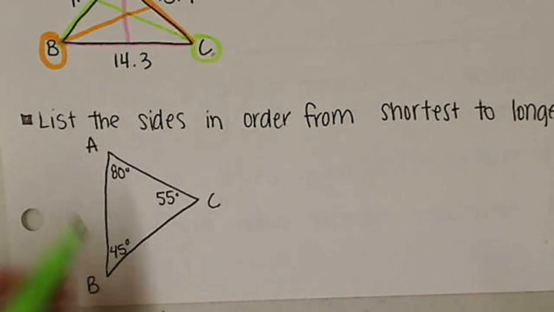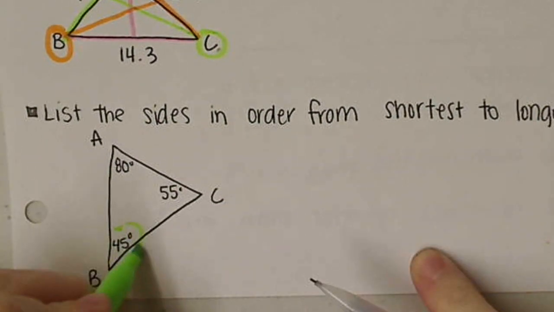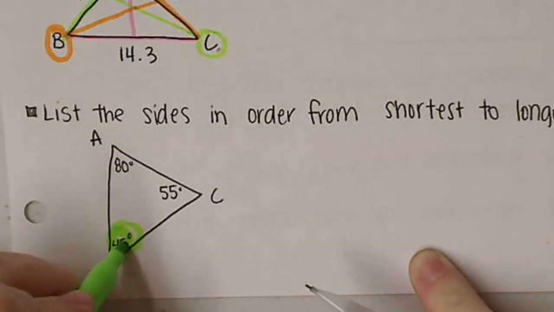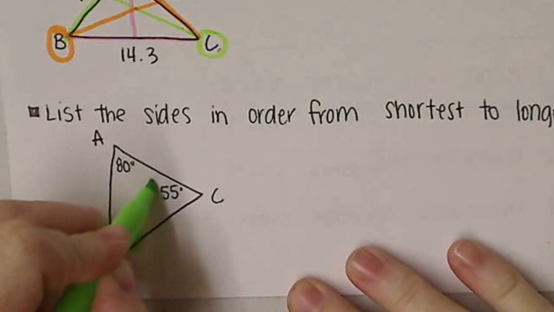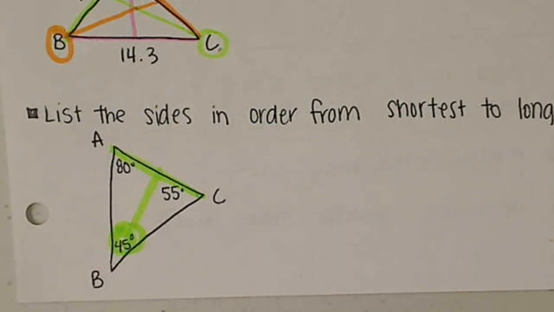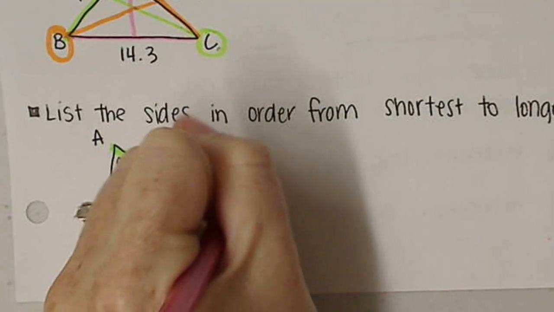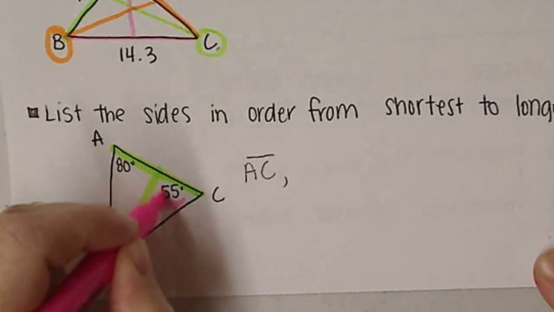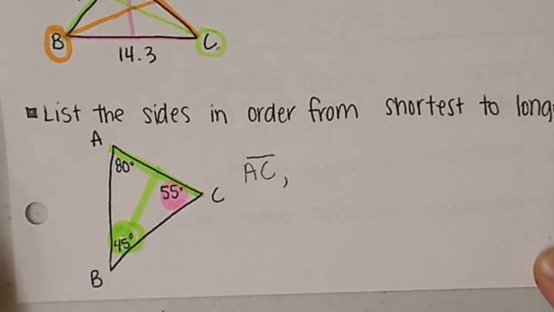The smallest angle is angle B. Angle B is going to correspond to the side across from it, which is this side right here, AC. That means AC is going to be the smallest side. The next smallest angle is angle C. It's 55 degrees.